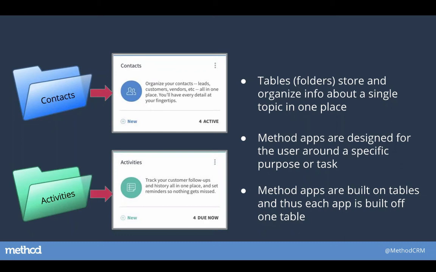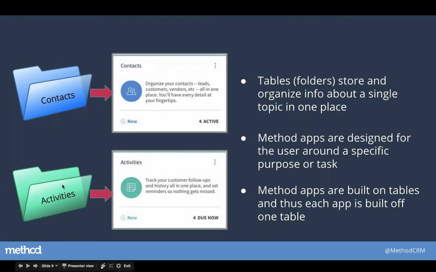All these apps are essentially displaying information from a particular table inside of Method. They are built off of a table. So when you click on the Contacts app, as an example, it starts with the information about contacts from that folder or table, and we have built user-friendly screens, a user-friendly approach to access, read, view, modify, and interact with the information related to contacts.